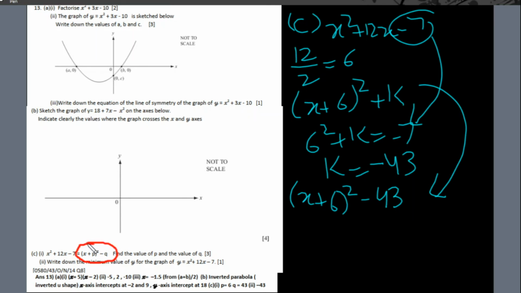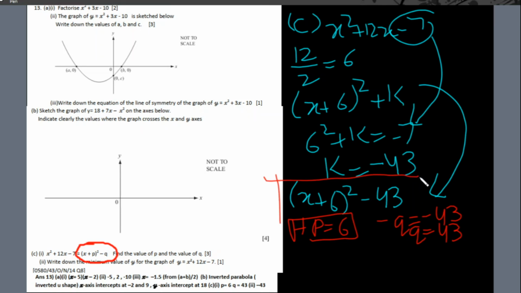So here plus p equals plus 6, so p equals 6, and minus q equals minus 43, so q equals 43. Write down the minimum value of y for this equation.